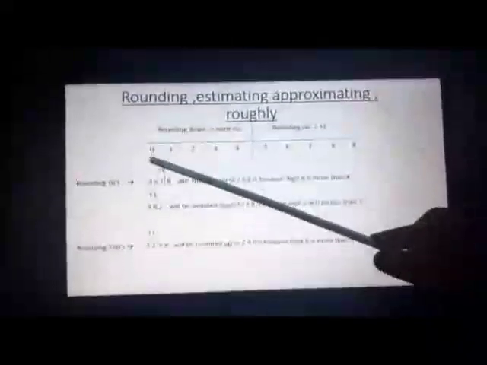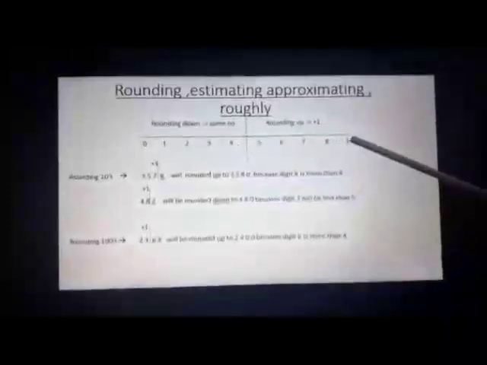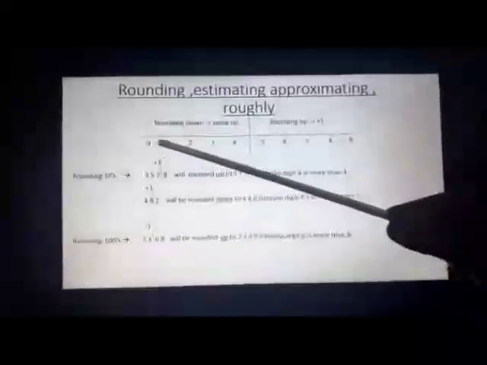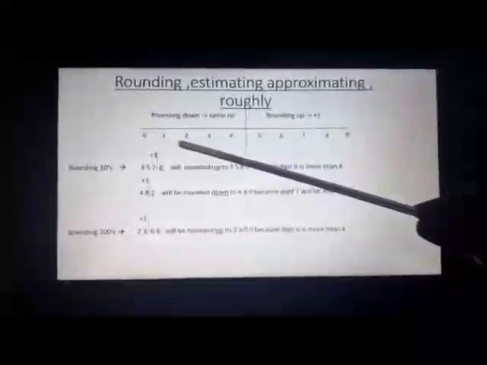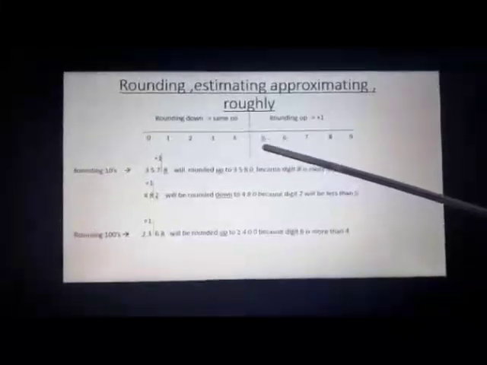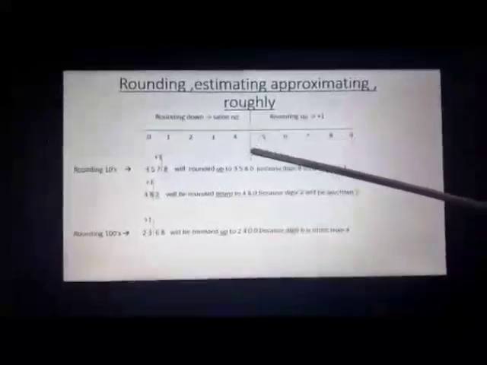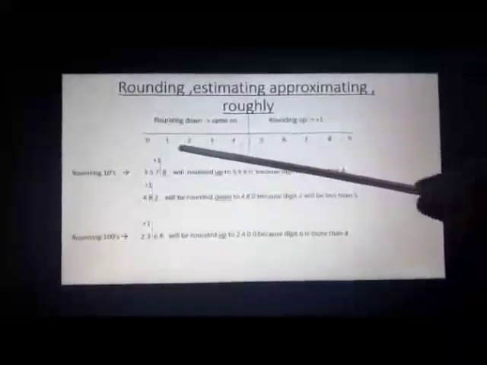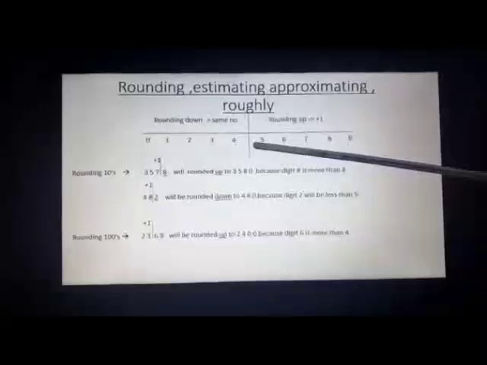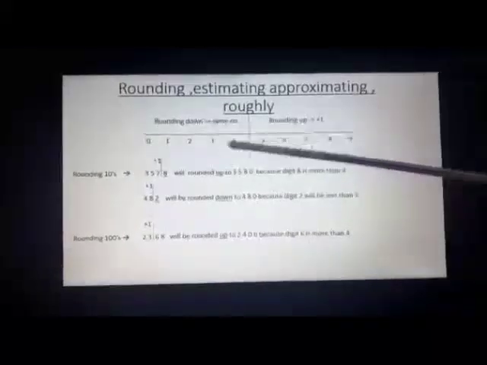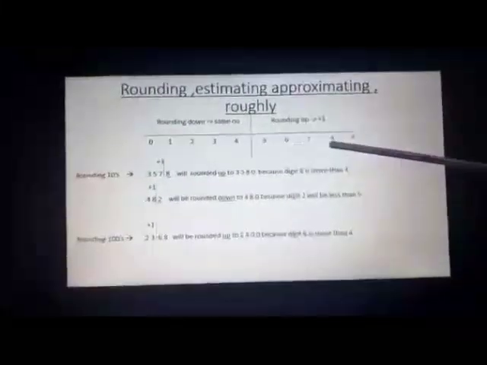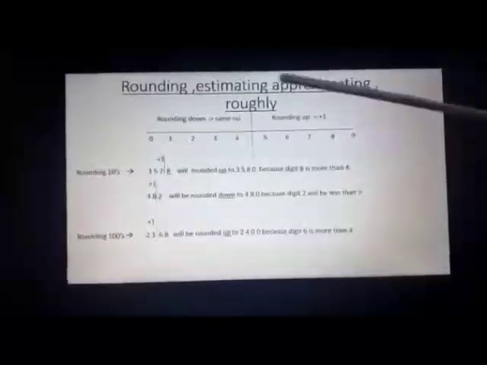Now children, here is a different way to learn rounding. I have drawn a number line 0, 1, 2, 3, 4, 5, 6, 7, 8, 9. If a digit is less than 5, it will round down. If it is 5 and more, it will be rounded up.